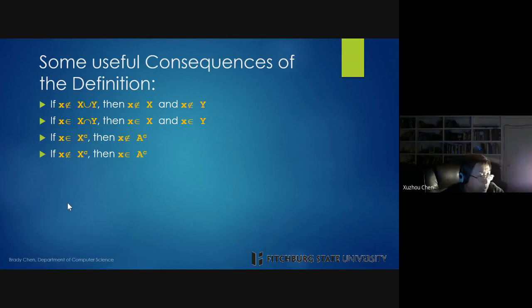Now, these are some useful consequences of the definitions. The first one is the union. If x is not an element of X union Y, then x is not an element of X, and also x is not an element of Y, right?